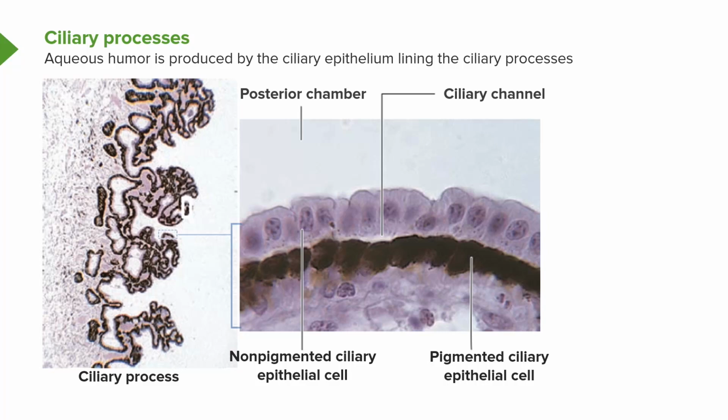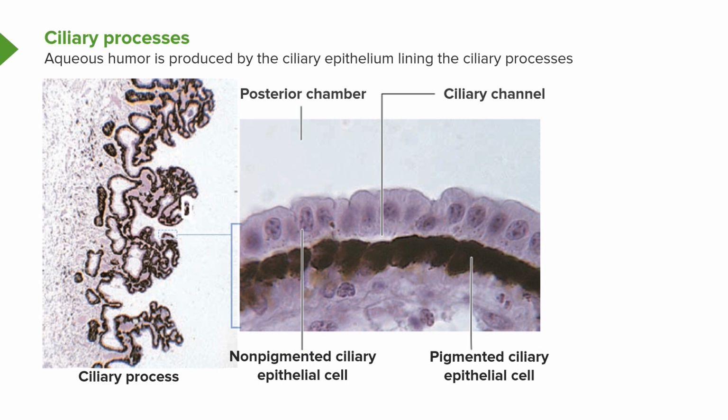Let's just go back a step before we continue with those zonular fibres and the lens and have a closer look at this double epithelium that lines the ciliary processes. You can see two epithelia here. Adjacent or facing the posterior chamber or the vitreous are the non-pigmented ciliary epithelial cells.